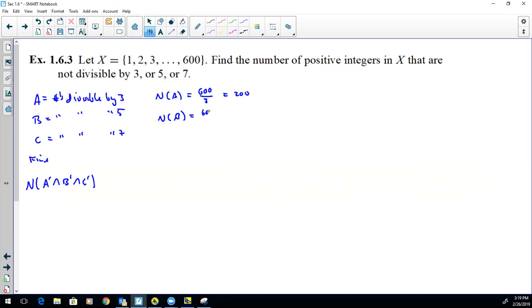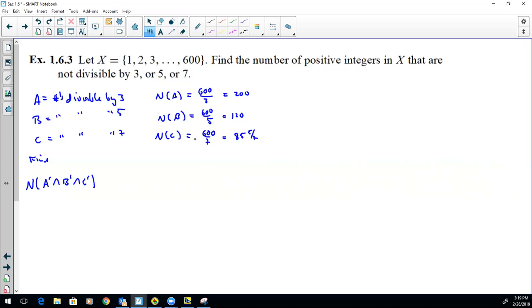Well, that's 600 over 5, which is 120. Now, how many in this set are divisible by 7? Well, if you take 600 over 7, you get 85 and 5/7.